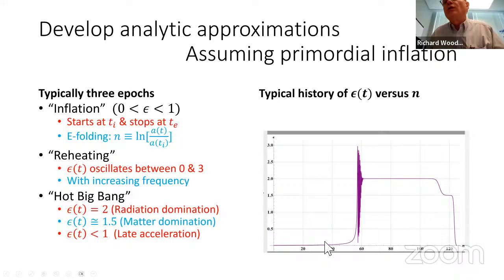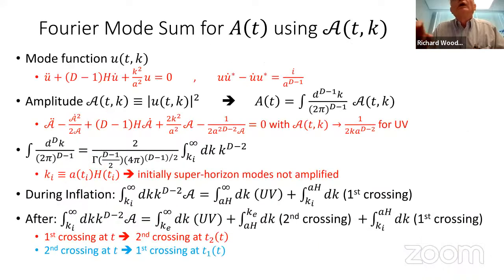It might look like this. It's very, very small during inflation. Then inflation ends, epsilon oscillates between 0 and 3 with increasing frequency, and then asymptotes to epsilon equals 2 in a radiation-dominated universe. It goes to matter-dominated, and then eventually has late-time acceleration. That's the kind of geometry that we want to deal with.